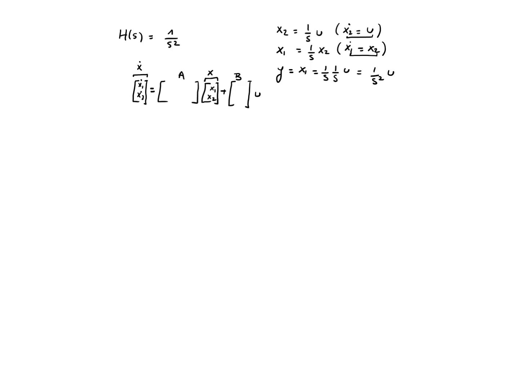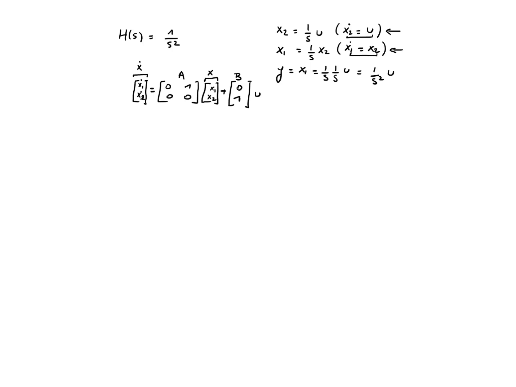So if we look at these two equations, let's take the second one. x1 dot is equal to x2, so x1 dot is 0 times x1 plus 1 times x2, and there is no influence of u. This is coming from this equation. If we take this equation, x2 dot is equal to u, so we have a 1 over here and zeros over here, right?